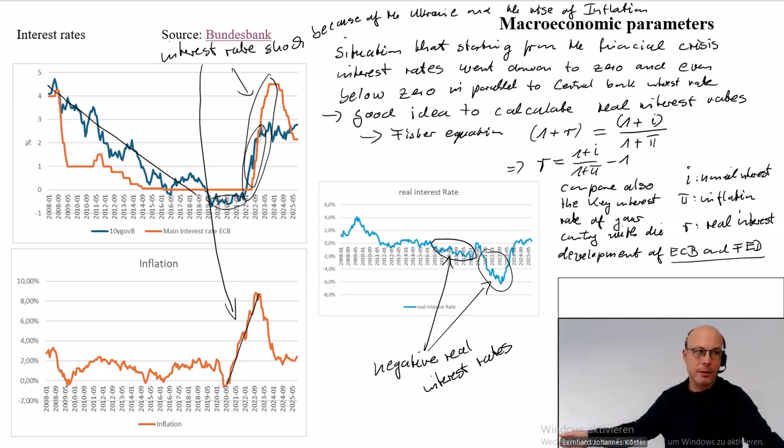And in general, you will see that somehow the smaller central banks follow the large central banks. And then, of course, it will be the interesting part when you have in some years a different development. What was then special in these countries?